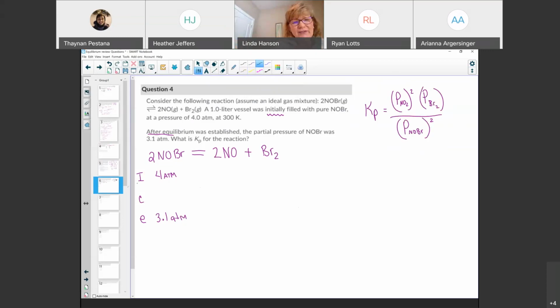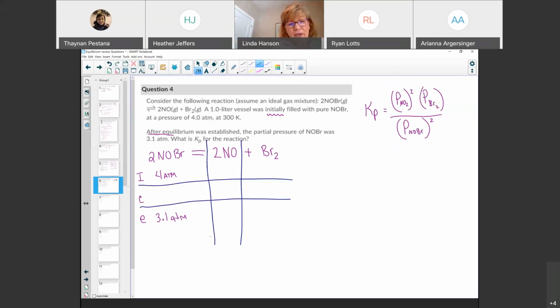One of the things that's interesting as we get better and better at ICE charts, I see students very quickly know that those are zeros. As the reaction begins, there are no products made. So I know I can fill in those 2 boxes with zeros. There's one more box that I can fill in, and that's how much this part changed.